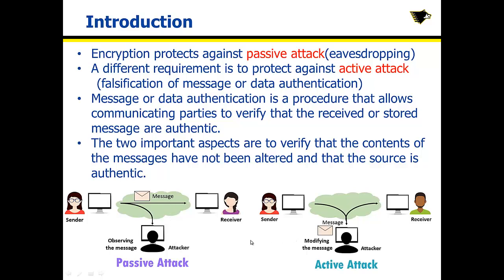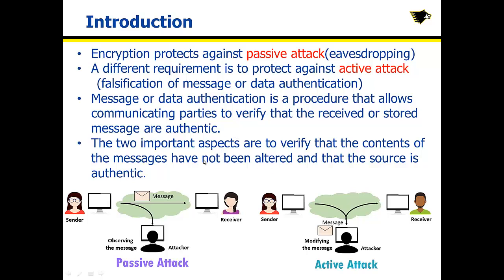So there are some other technologies to let the receiver know whether this message is changed and where the message is from. Generally, we call the method message authentication. Okay? So, message or data authentication is a procedure that allows communicating parties to verify that the received or stored message are authentic.